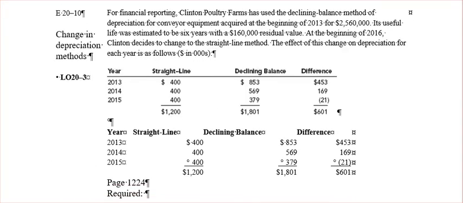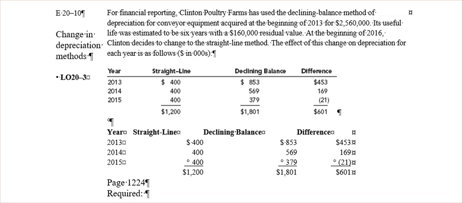Going on, then, changing the depreciation methods. They used the declining balance, and then they decided to change to straight line. Well, depreciation, depletion, and amortization, all of those changes mean you go forward.